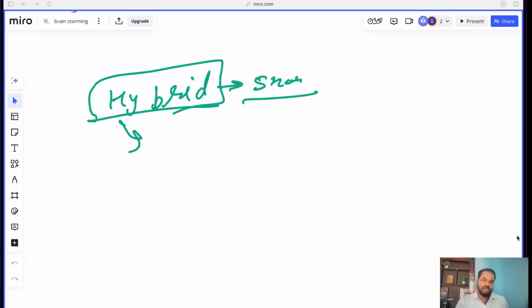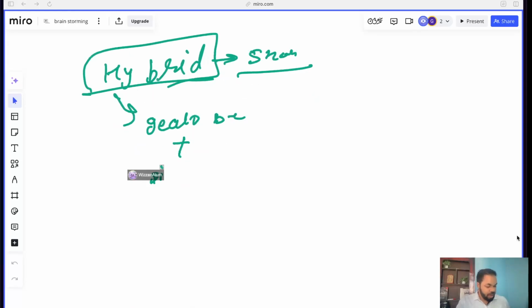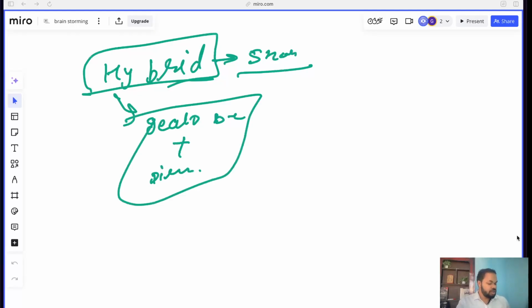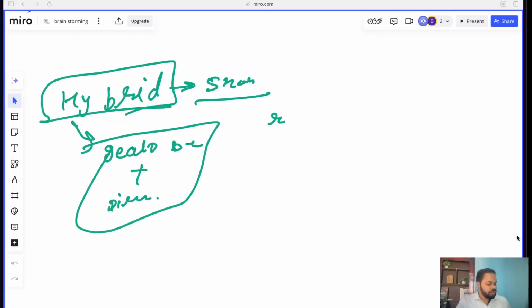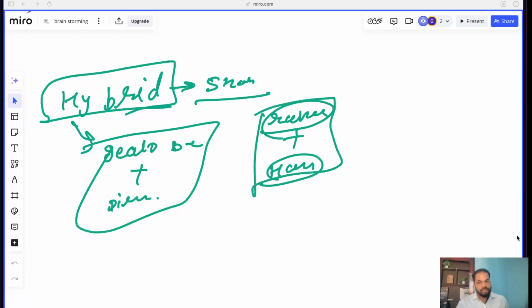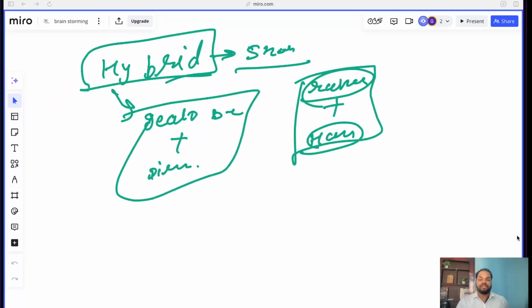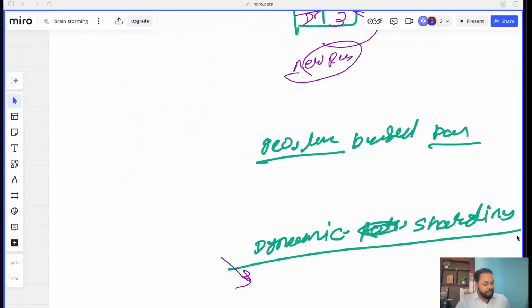You might be thinking, I will use geolocation-based sharding plus directory-based sharding. Yeah, this is a hybrid. Or maybe you are thinking, I will use range-based sharding plus hash-based sharding. That is a possibility. So you can utilize all the sharding techniques in a single way.